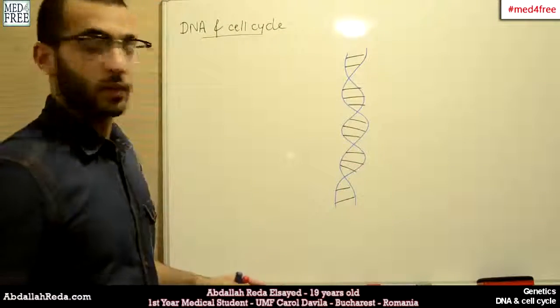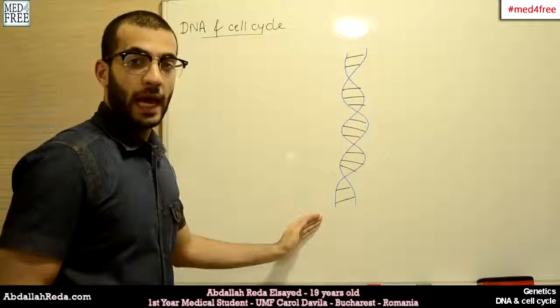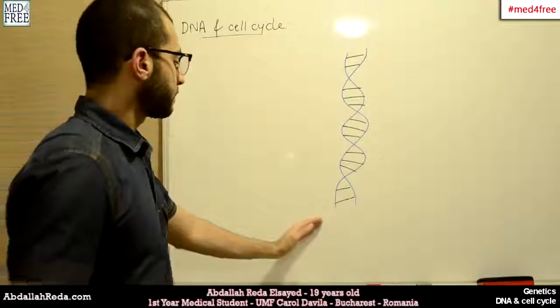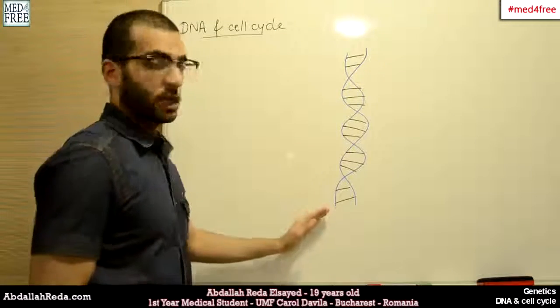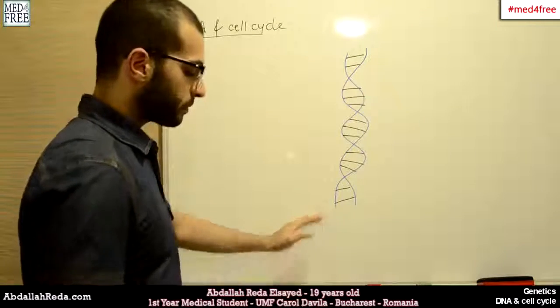So this is just a brief definition, and this structure carries the genetic information, so it codes for the genetic information of the cell. So it's a very important structure.